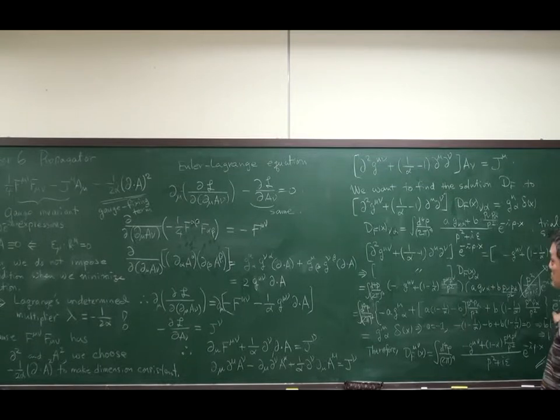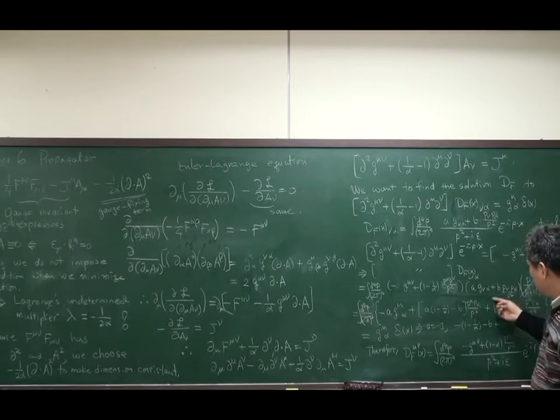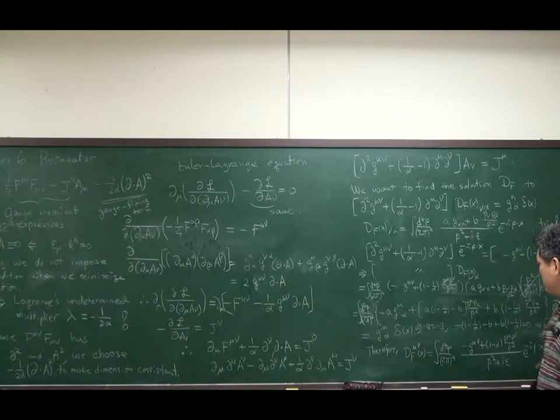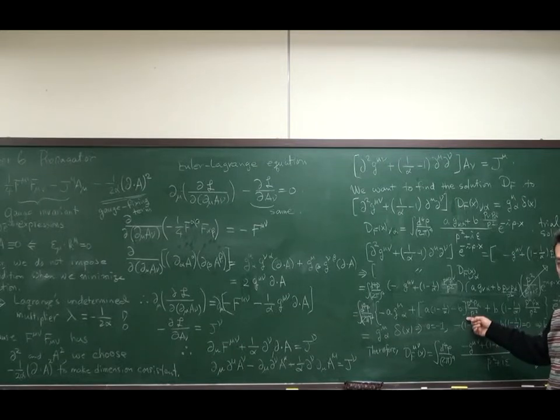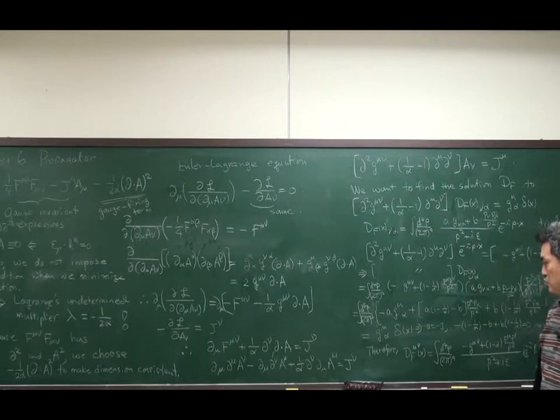We know our requirement is that the right hand side is g mu alpha times the delta function. So this factor must be expressed in terms of that. That means this p dependence cancels exactly, and the p independent factor is just g mu alpha.